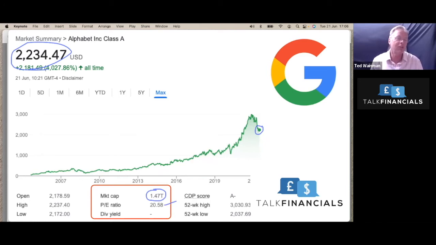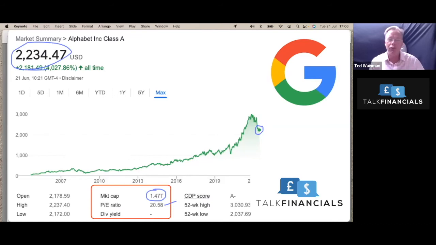So it's about $100 per share, for example. Rather than one share worth $2,000, you get 20 shares worth $100 each, and the math comes out the same.